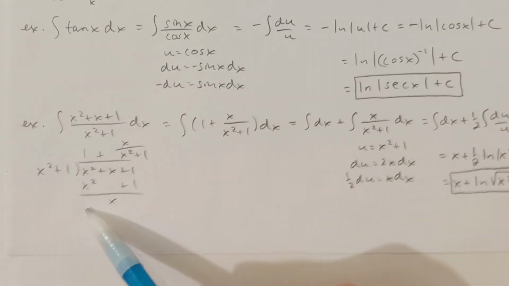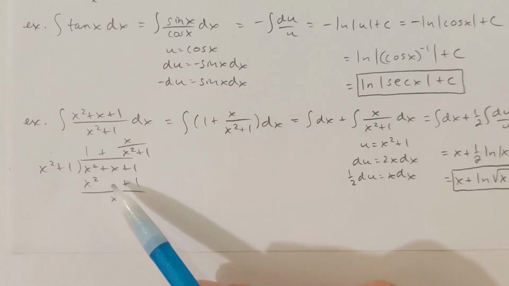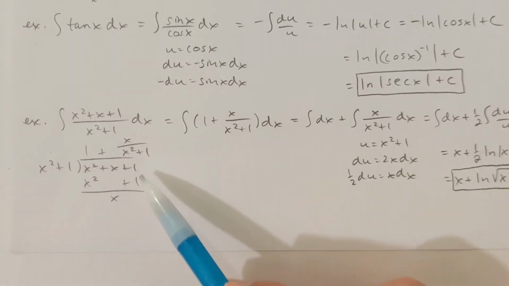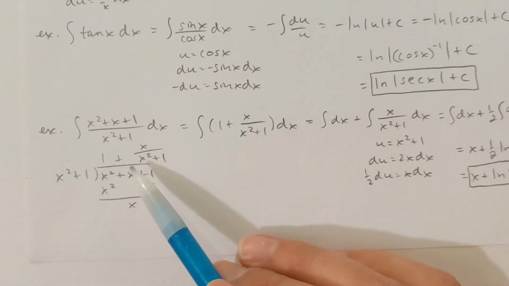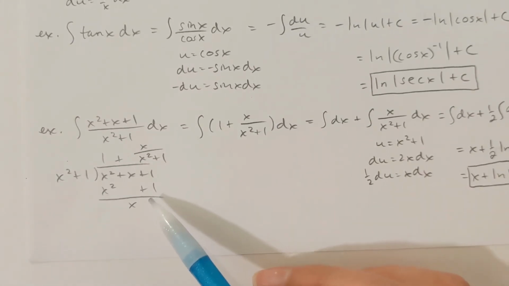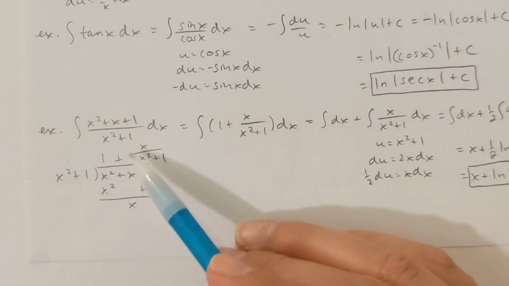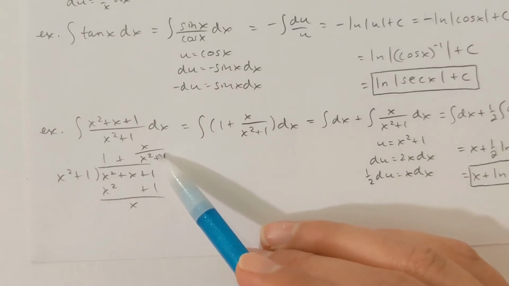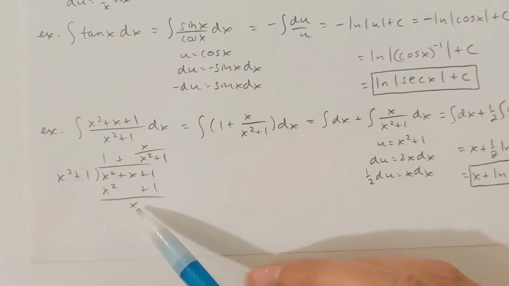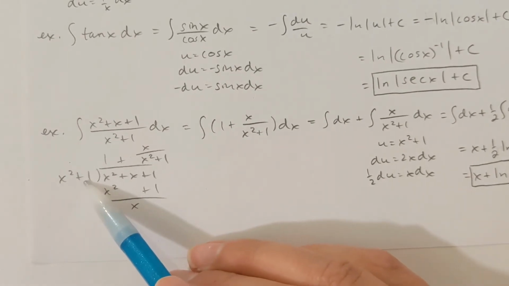The leading term is gone. X minus 0 is x, and then 1 minus 1 is 0. Okay, I'll have leftover information. X is the remainder, but the complete leftover would be a fraction that you'd be adding to the quotient. The fraction that we'll want would be x over x squared plus 1.